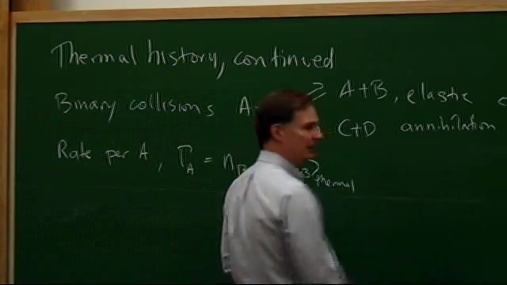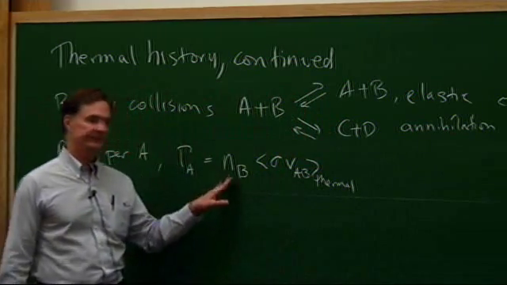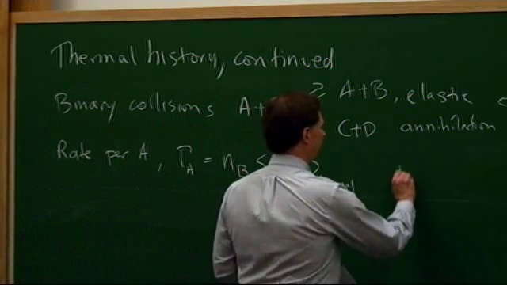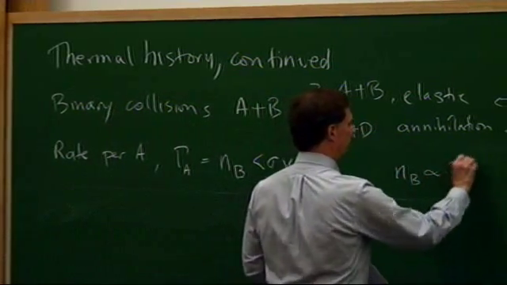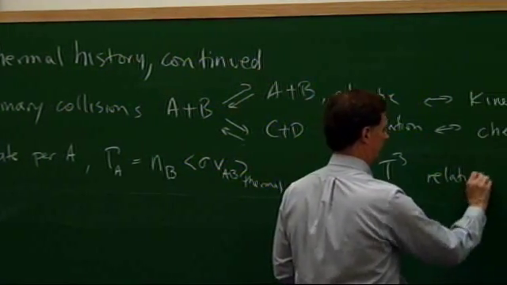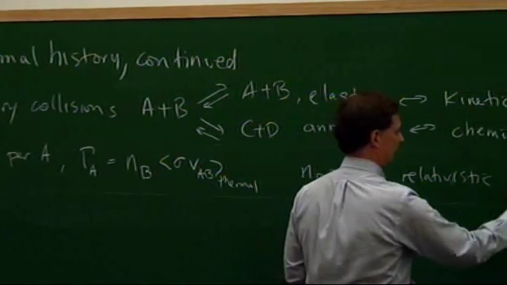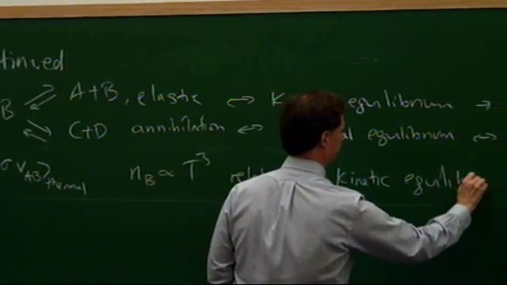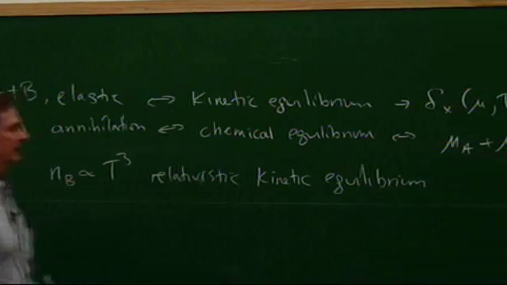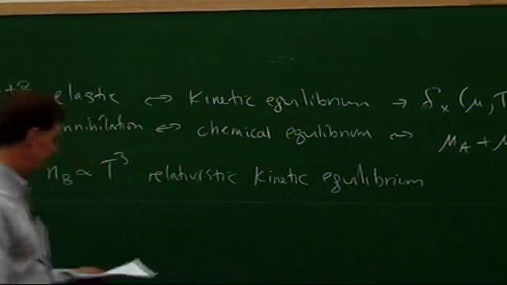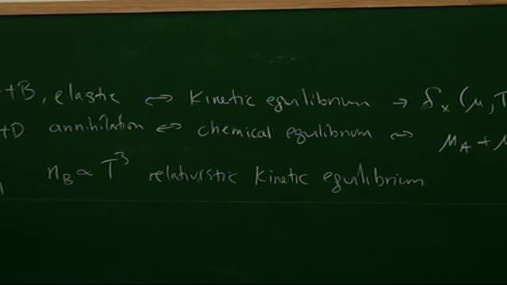Now, for abundant relativistic species in kinetic equilibrium, n sub b is proportional to T cubed. We showed that last time. That's the limiting form of this distribution function integrated over volume.